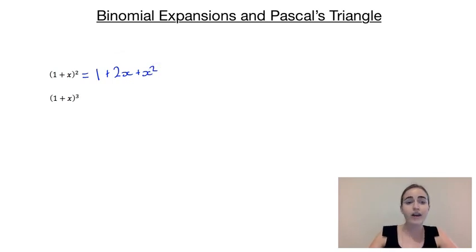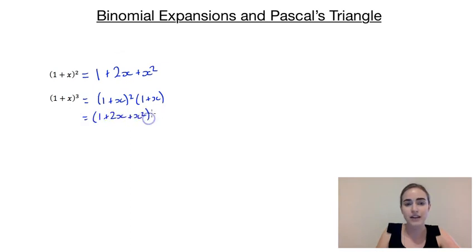If we had a higher power, so if we had (1 plus x) cubed, first we'd expand that to be (1 plus x) squared times (1 plus x), and then we could expand this bit like we did up the top. So we'd have (1 plus 2x plus x squared)(1 plus x), and then we could go through and expand that out. So multiplying everything by the 1, we'd have 1 plus x.